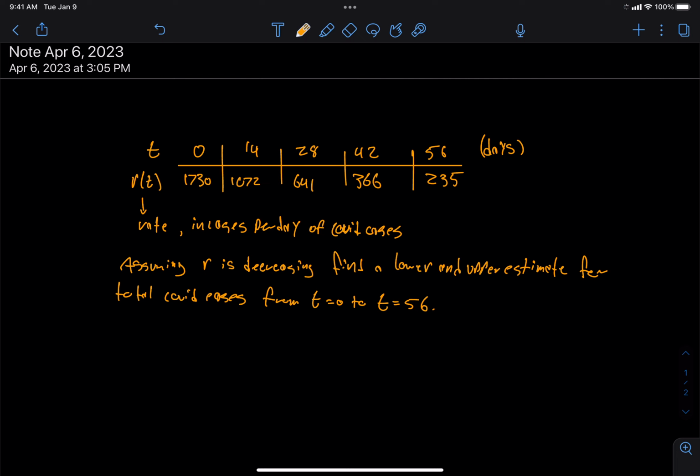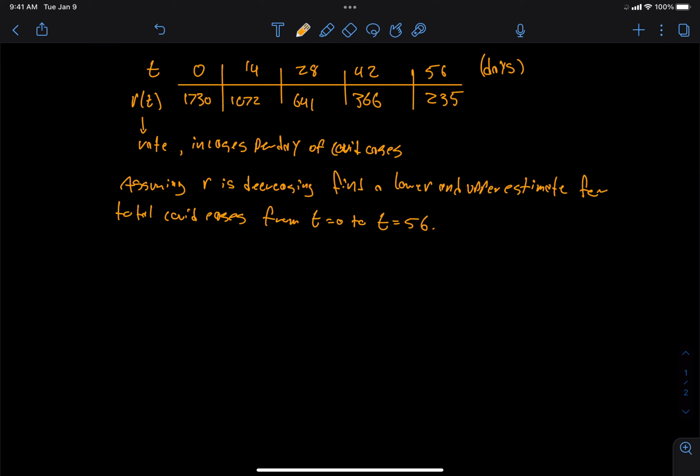Okay, so this is a super standard Riemann sum problem.